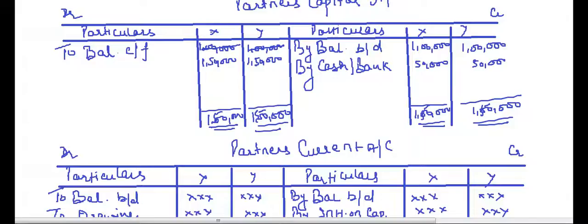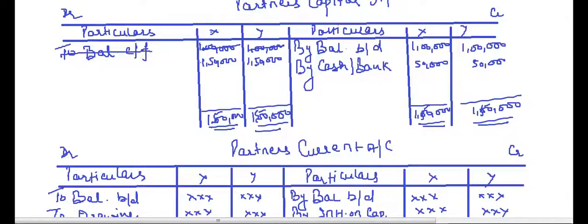If they are withdrawing something out of their capital for personal use, then it is drawings. But if otherwise they are withdrawing some part of their capital permanently, then this balance will change.